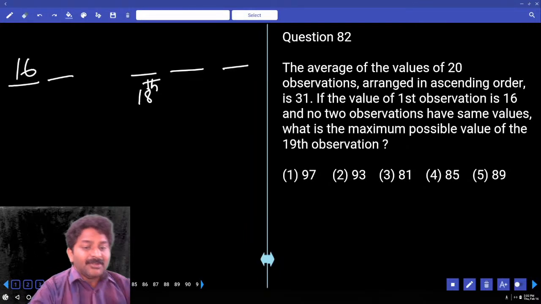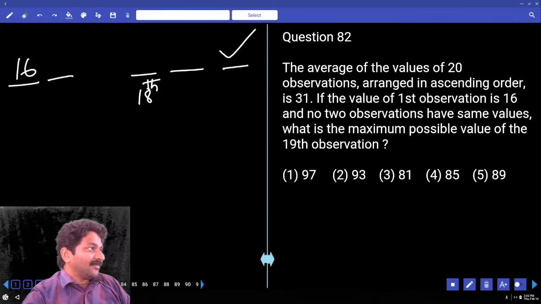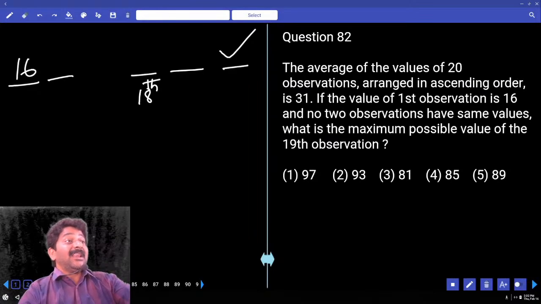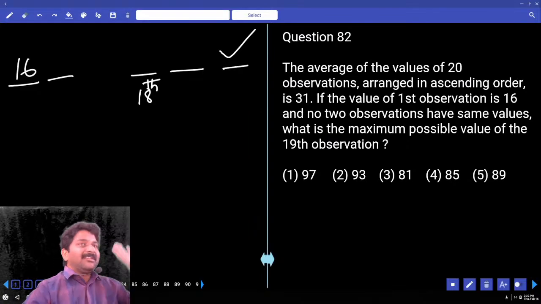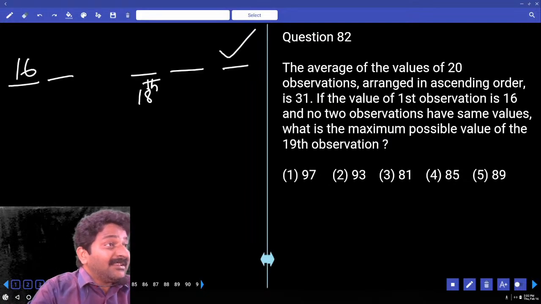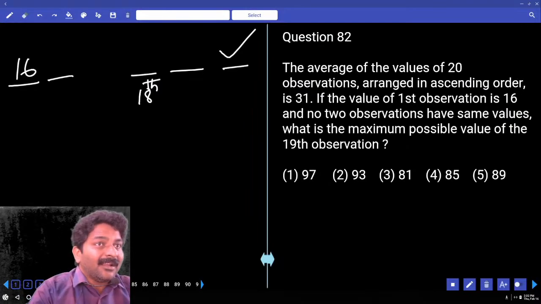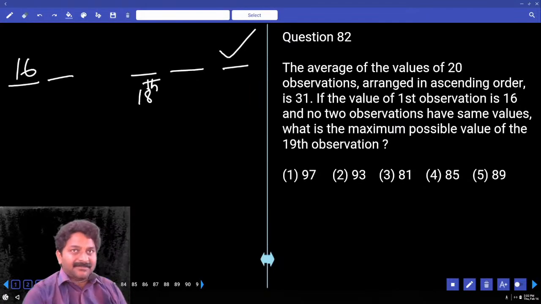Yes. So now if you are expecting the highest value for the 20th number, the remaining numbers must be as small as possible, correct? Starting with 16. Can I take the second number as 16? Because no two numbers are the same and they are arranged in ascending order. Next number must be more than 16.